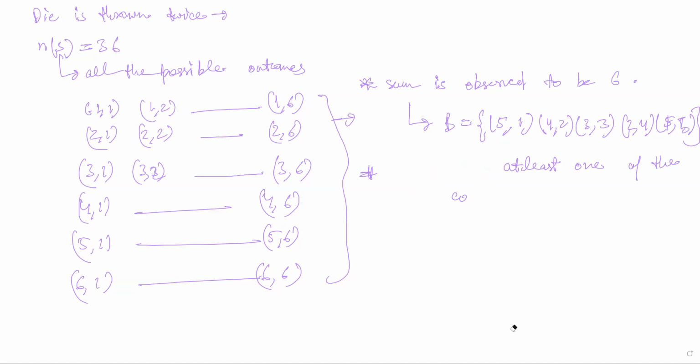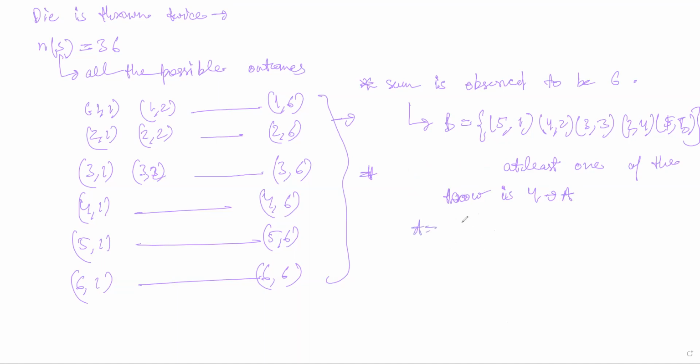So let's write: at least one of the throws is 4. And let's call this event A. Right? So what is this event? That at least one of the throws is 4.